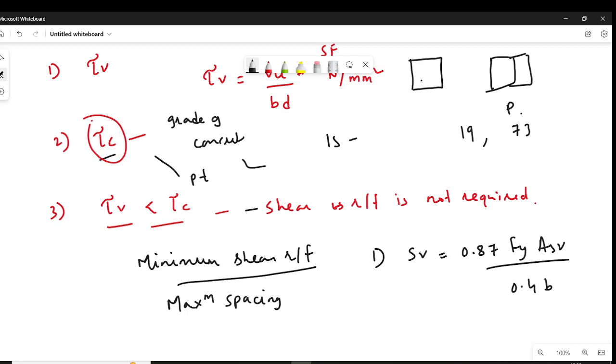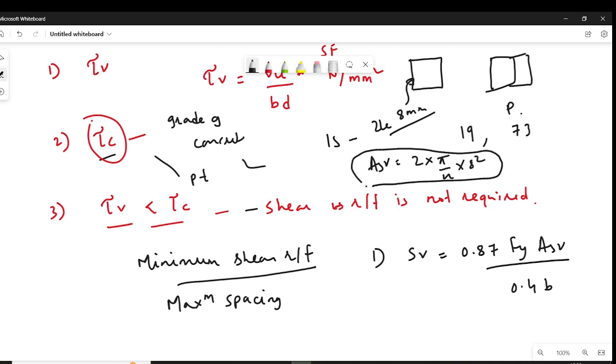If this is the stirrup that you have provided, this is a two-legged 8 mm bar. So for this, Asv will be 2 into pi by 4 into 8 square. So Asv is nothing but the area of stirrups.